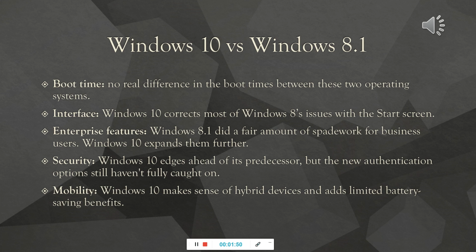Windows 8.1 did a fair amount of work for business users. It provides features such as Secure Boot, Windows To Go, Hyper-V virtualization, and so on. Windows 10 keeps all of those features and expands them even further.